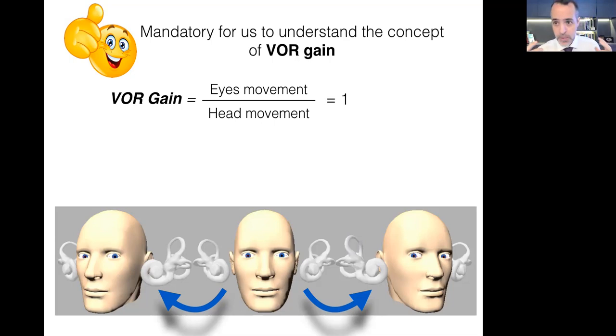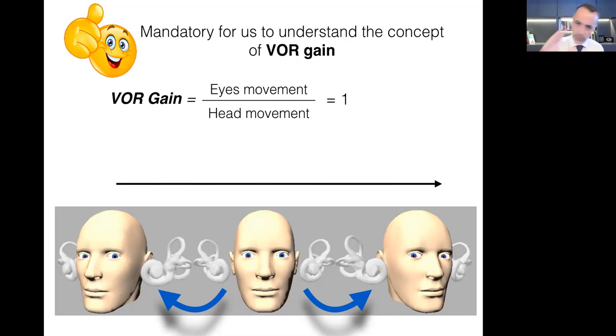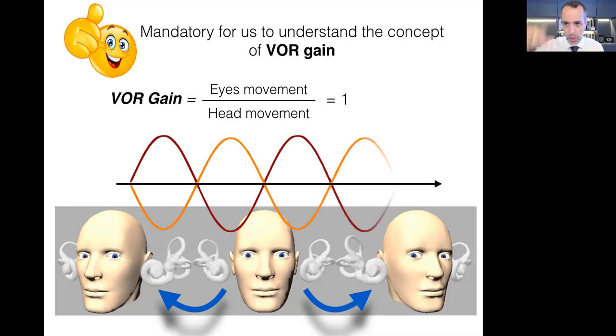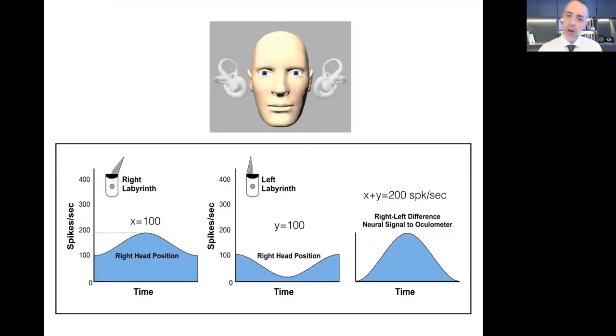So in the physiology of normal patients, the gain of the VOR is supposed to be one, right? If you take this relation between eye and head movement, the VOR gain is supposed to be one. Okay, so let's imagine this patient here.